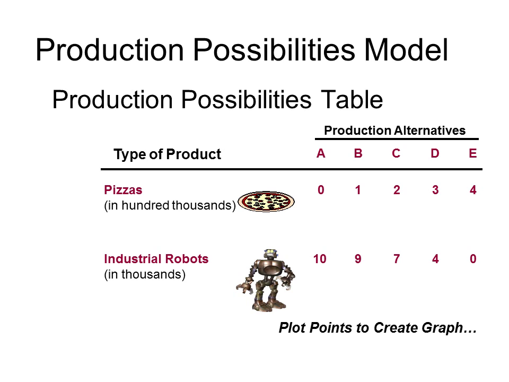Well, consumer production goes down. Industrial robot production goes up. How much did it cost us to produce these 4 industrial robots? Well, we had to give up 1 pizza. So therefore, each robot cost us 1/4 of a pizza.